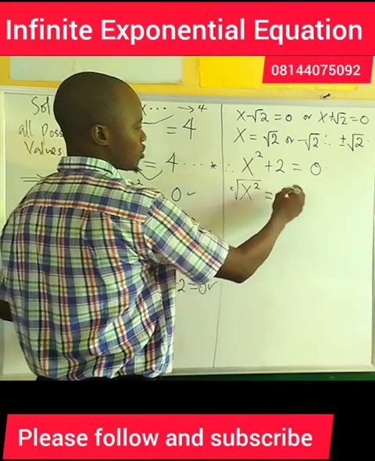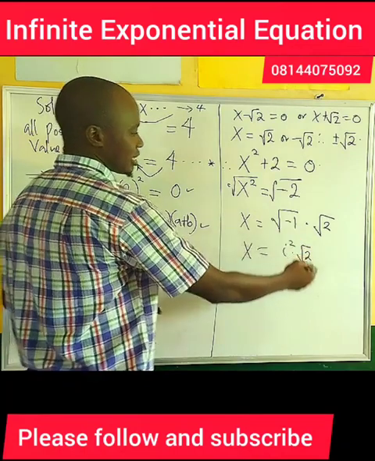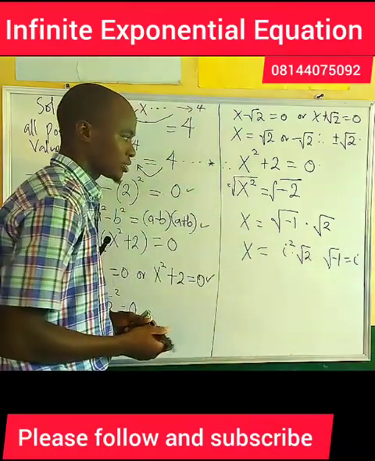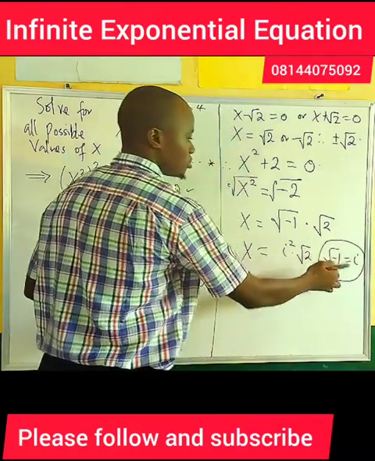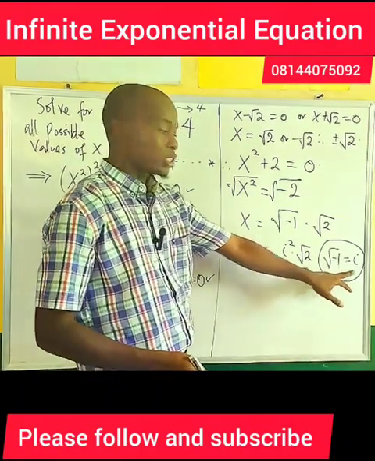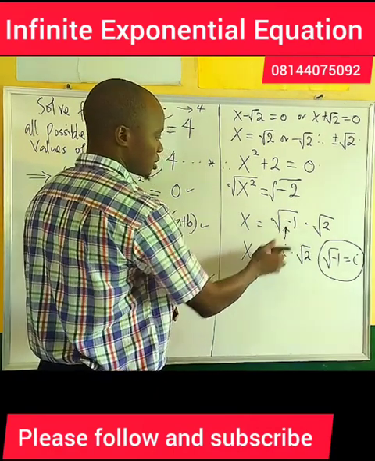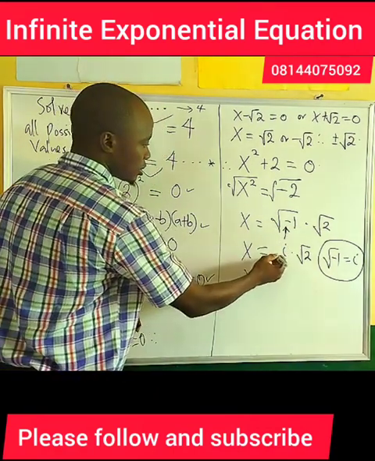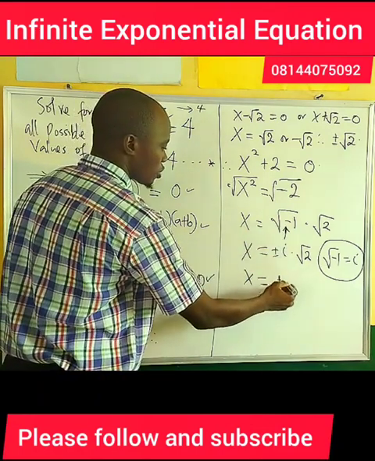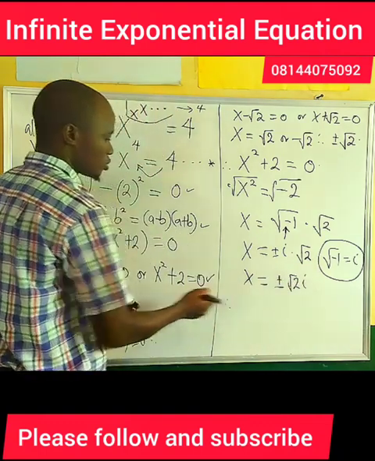The square root of minus 1 equals i, from the complex plane. Therefore, we have plus or minus root 2 i, because of the square root. And that is the solution to the problem.